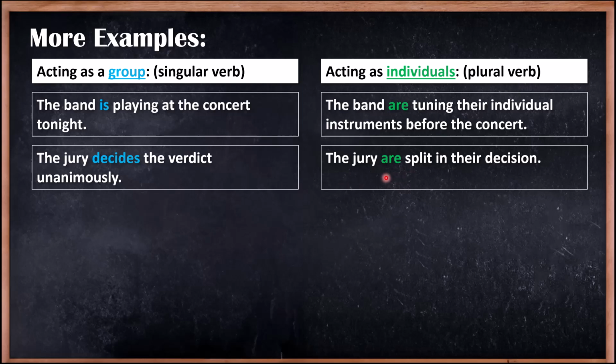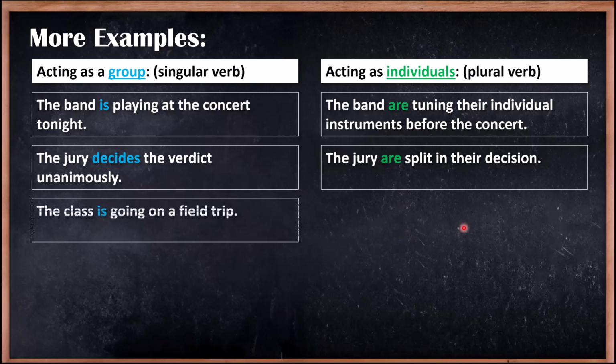Some members of the jury believe he is innocent, and other members believe he is guilty. And so, because they're not acting as a group with one opinion, we can use a plural verb, are, instead of is. Another example, the class is going on a field trip.